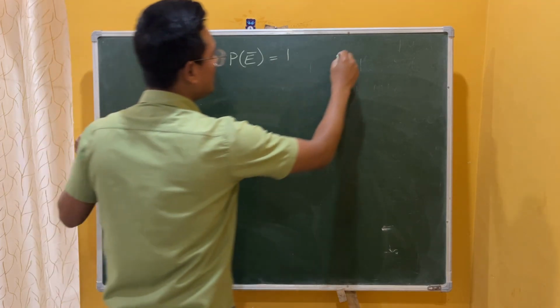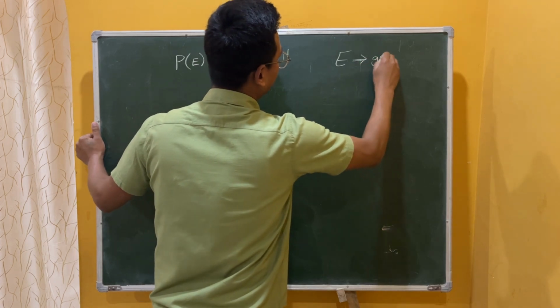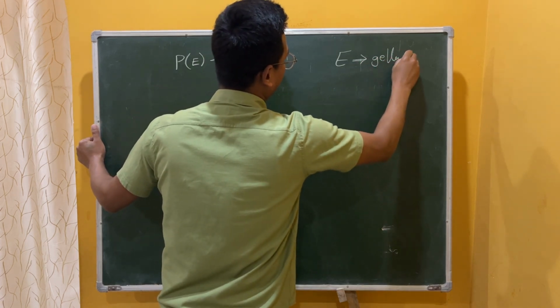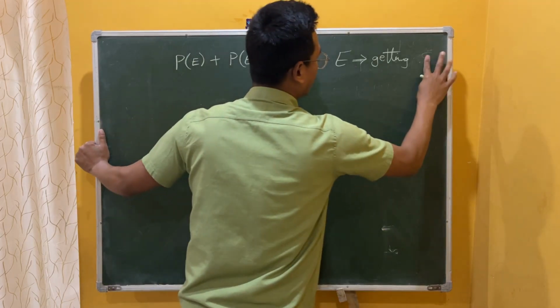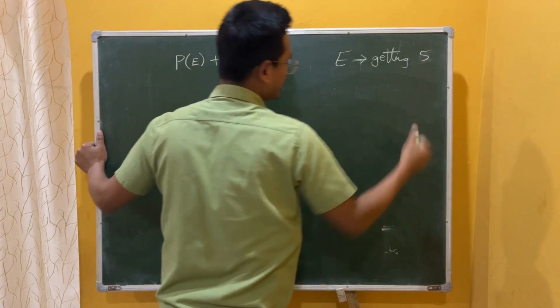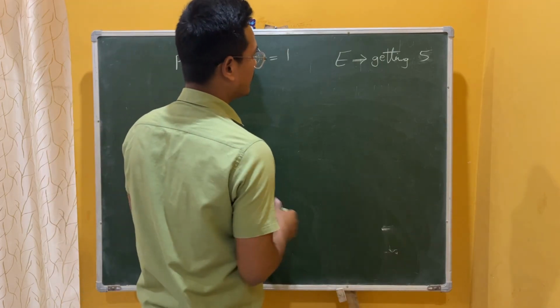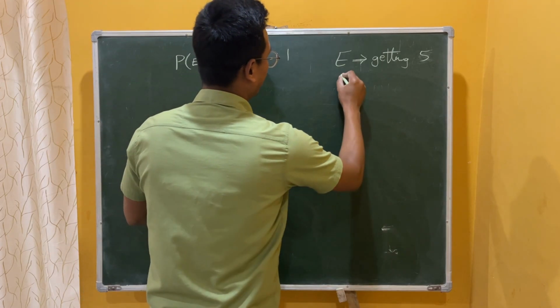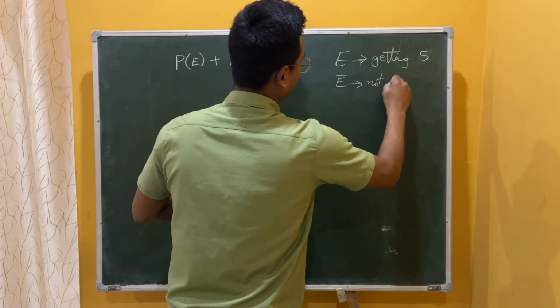Let's say E is the event of getting 5. When you roll 2 dice, you are getting 5 once or twice, both the times. And let's say E bar is the event of not getting 5.